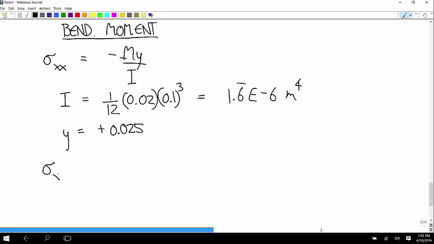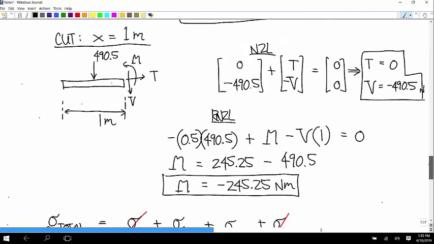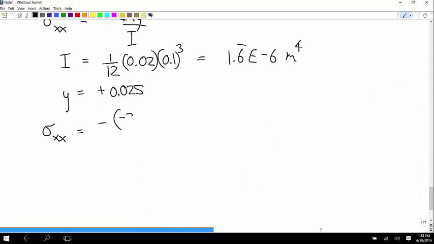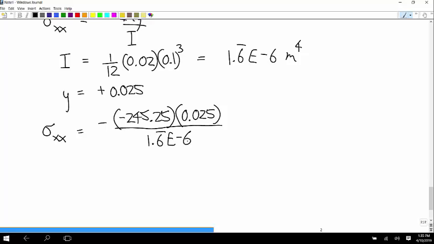And so the stress is negative of negative 245.25 times 0.025, divided by 1.6 repeating times 10 to the minus 6.